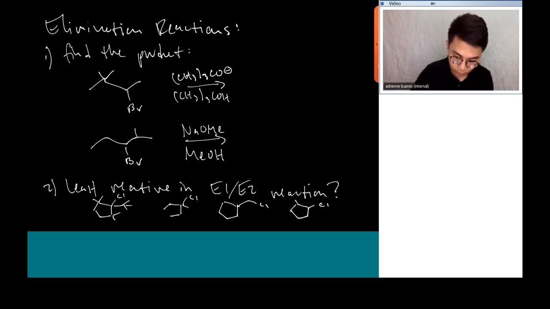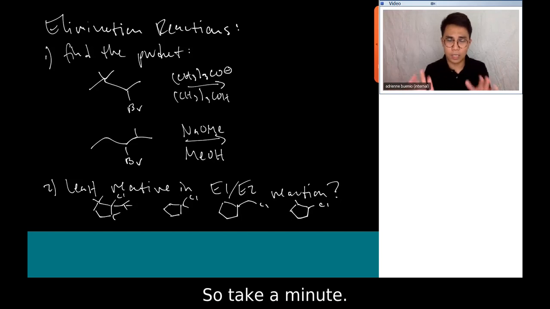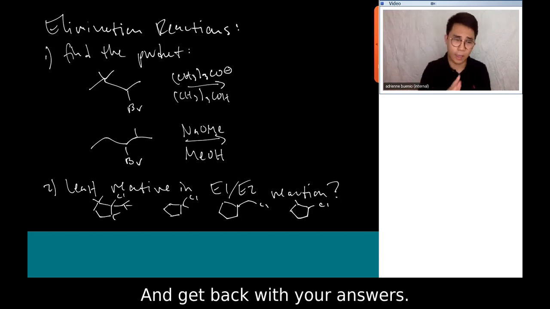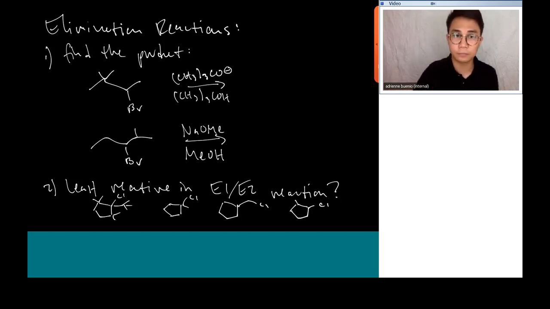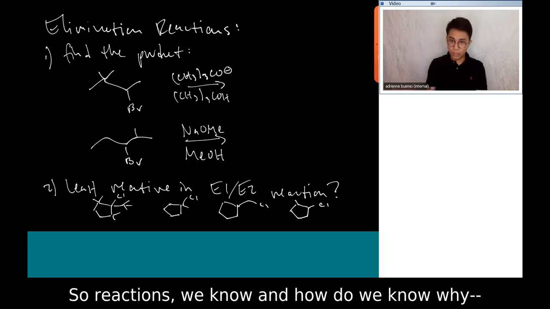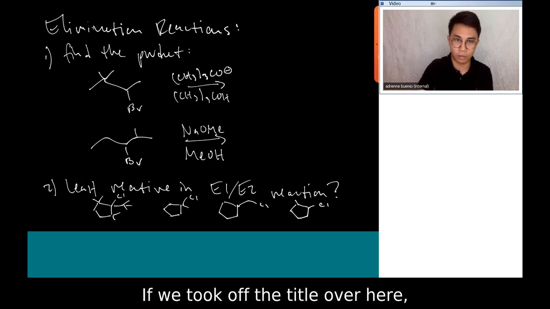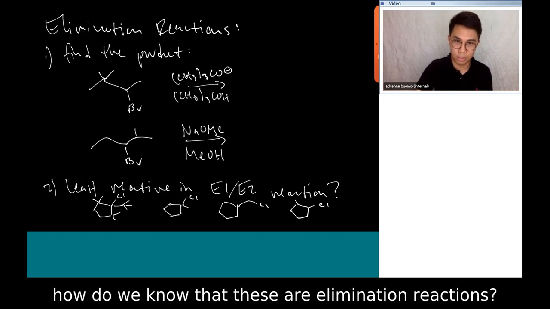Okay, let me review this. Take a minute, pause the video, and get back with your answers. Okay, so these are elimination reactions. How do we know why? If we took off the title over here, how do we know these are elimination reactions?